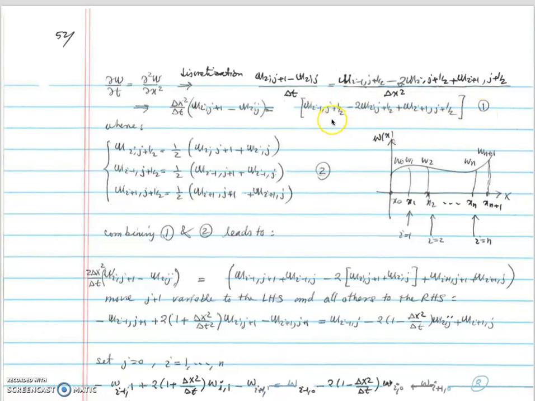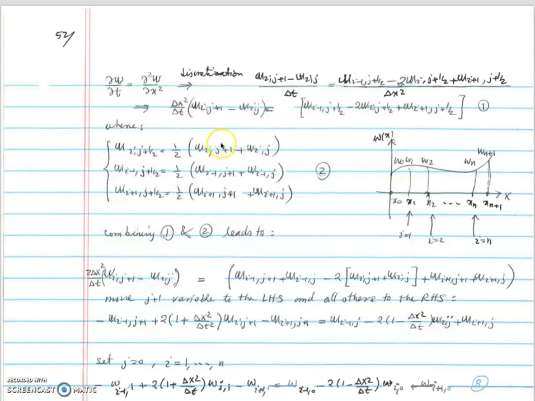Now, I'm going to rewrite all these j plus half variables in terms of the average of variables expressed in j and j plus 1. That is to say, w(i,j+1/2) is equal to 1/2 of w(i,j+1) plus w(i,j). So this plus 1 is actually the index; it doesn't mean w(i,j) plus 1.